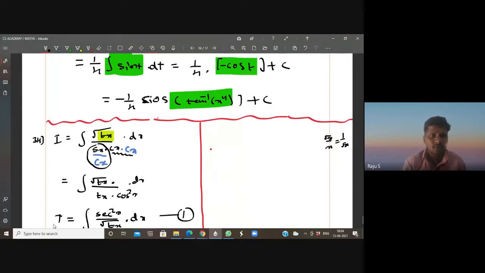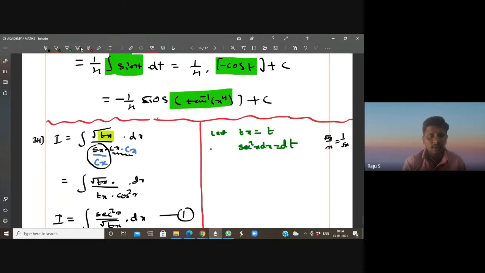Now I am going to apply the substitution method. The substitution is to take tan x equal to t. Now when tan x is equal to t, then secant square x dx is equal to dt.